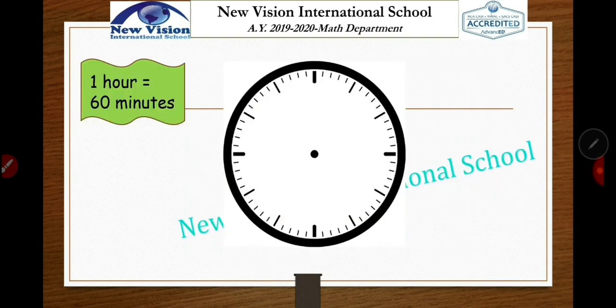Now we have here again the empty clock face. We will still be putting the numbers and the hour and the minute hands of this clock. Always remember, 1 hour is equal to 60 minutes, and half an hour is 30 minutes.